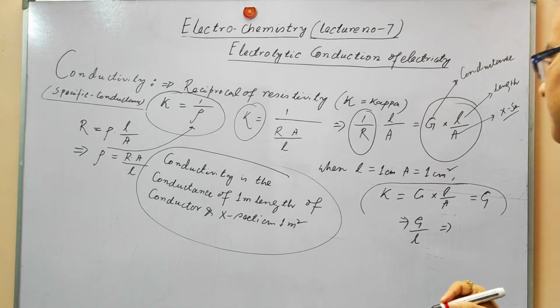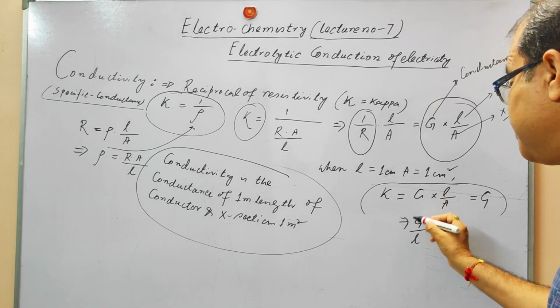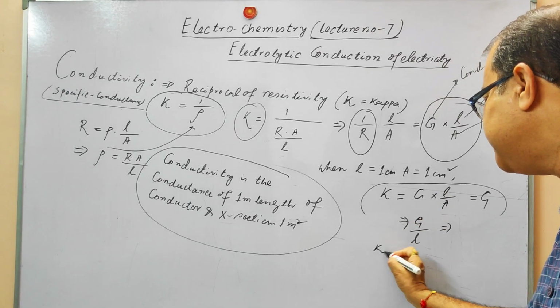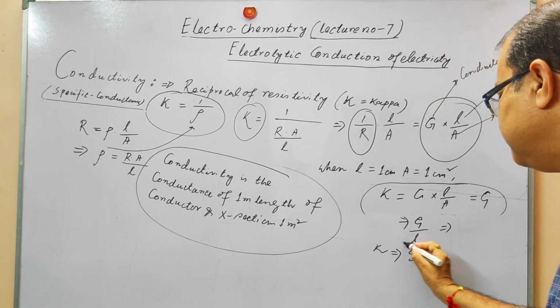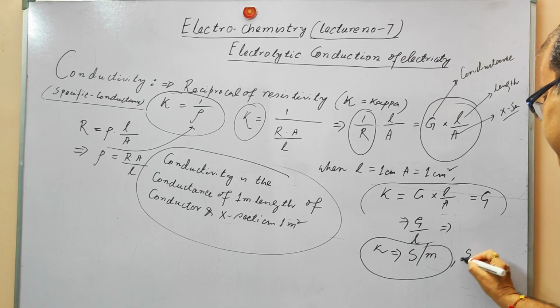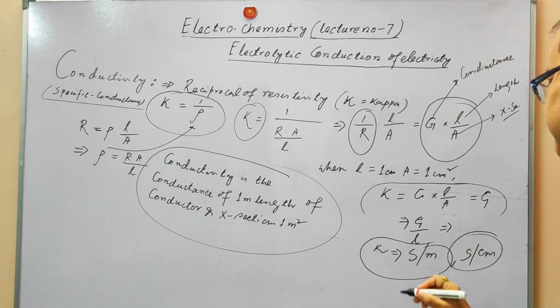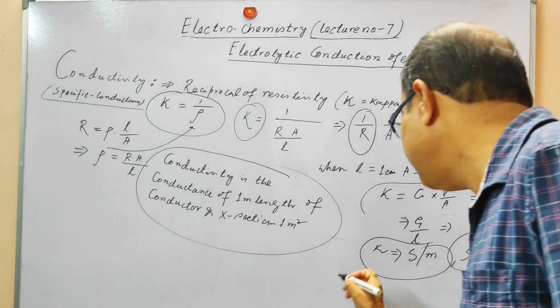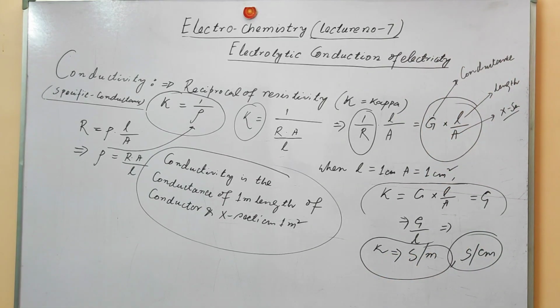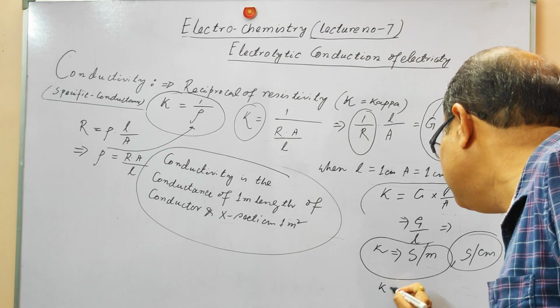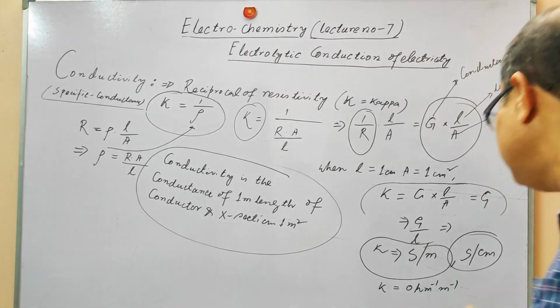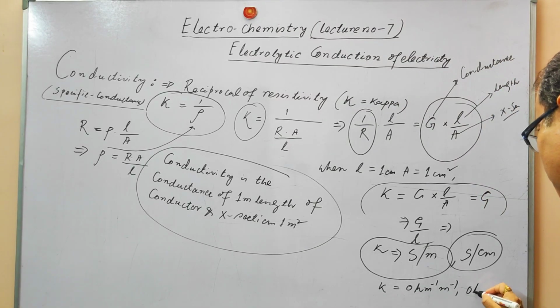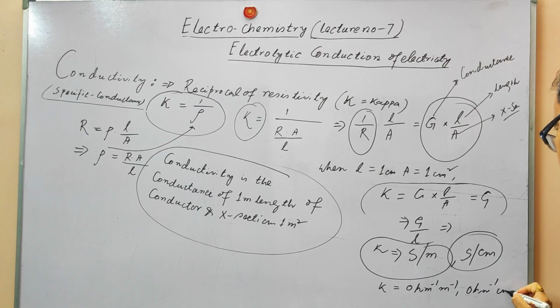If the unit of the conductance is Siemens, then we can write conductivity K is equal to Siemens per meter, S per meter, or we can write S per centimeter, or we can write K is equal to ohm inverse meter inverse, or ohm inverse centimeter inverse.